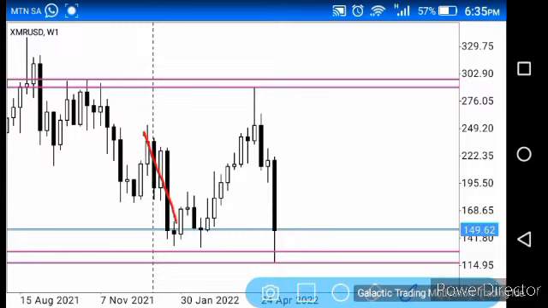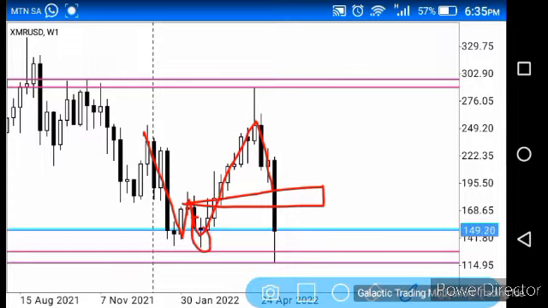Because of this W structure, with the neckline being there, we had a whole lot of traders and investors buying after seeing this candlestick, which is a pin bar. Actually, we also have another one on this side. As you know, in the trading world this indicates that one should be buying, and that's exactly what happened.